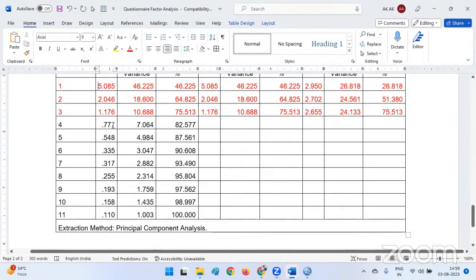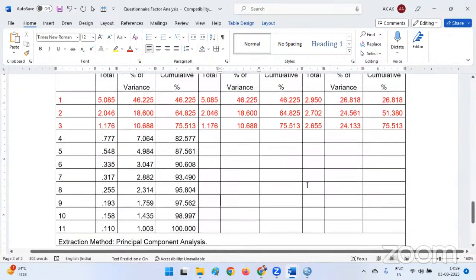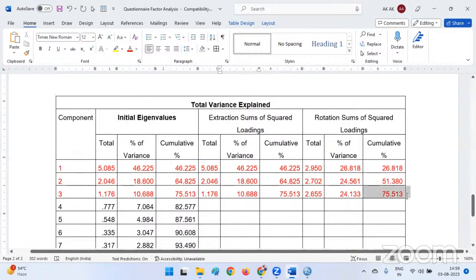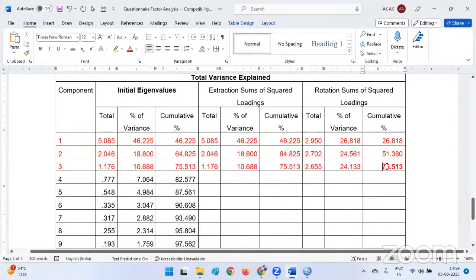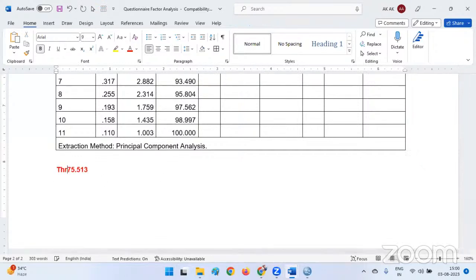Now, these eigenvalues are 5.085, 2.046, 1.176, and when it reduces below 1, there is no need to show the values. Okay, so 3 factors explain 75.513% of the variance. We can say 3 factors explain this percent of the variation.